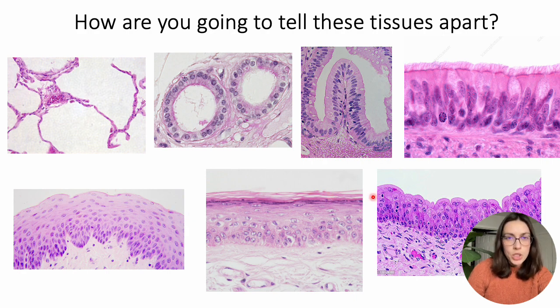And in the middle image, it's all flaky and you don't see any nuclei. It's just these weird lines and sheets. That is because these cells are flaking, breaking off, and they are dead, full of keratin. So this middle bottom image is keratinized, stratified squamous epithelium, whereas on the left bottom, it is stratified squamous epithelium that is non-keratinized.